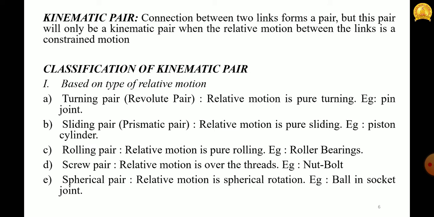Screw pair or a helical pair. If two mating links have turning as well as sliding motion between them, they form a screw pair. Example, lead screw, nut of the lathe, etc. When one link in the form of a sphere turns inside a fixed link, it is a spherical pair. Example, ball in socket.